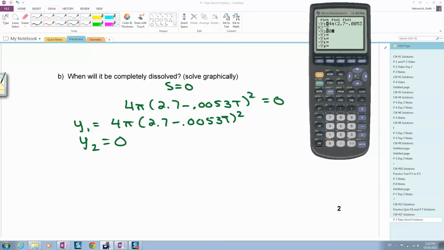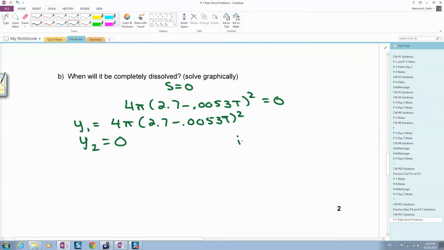Now, what we have to think about here is what would be our maximum for x? Well, let's look at the window when we graph it. Notice nothing shows up there. So let's start thinking about, okay, if t was equal to 0, that would mean that I'd have 4 pi times 2.7 squared.